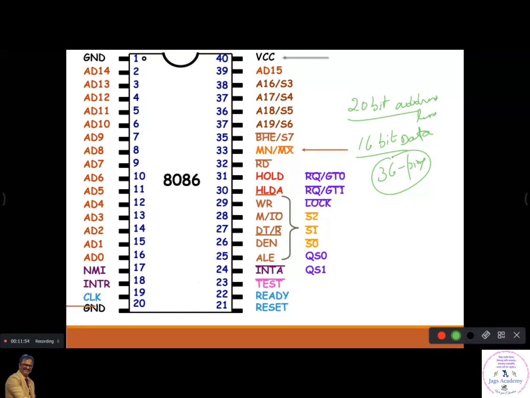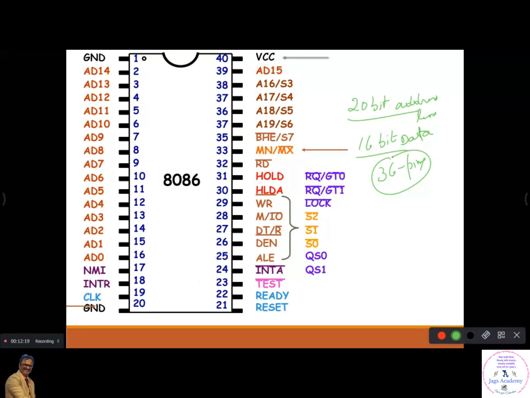Since 36 pins usage in an integrated circuit takes almost all of the 40 pins, it's not going to work out. That's why the address data line is multiplexed.